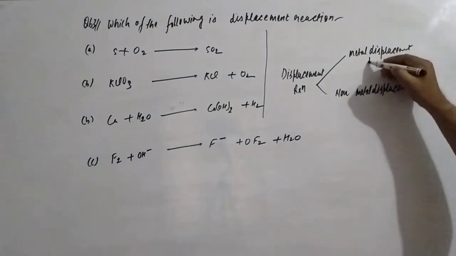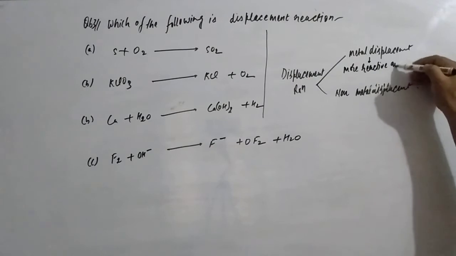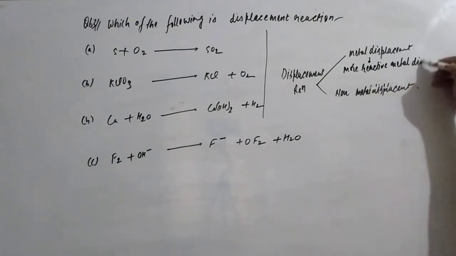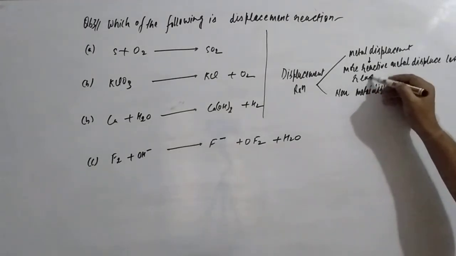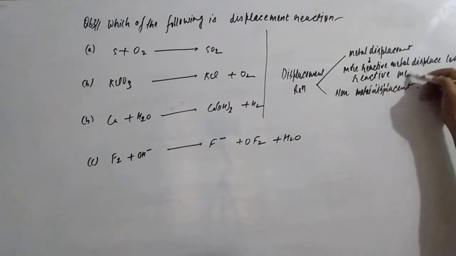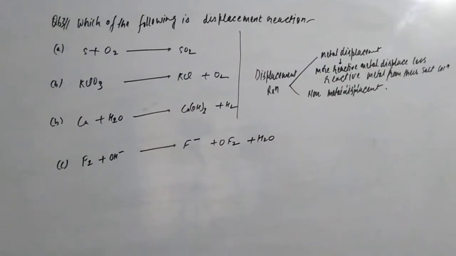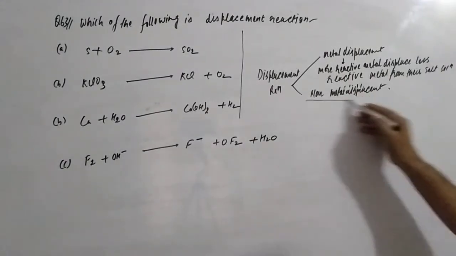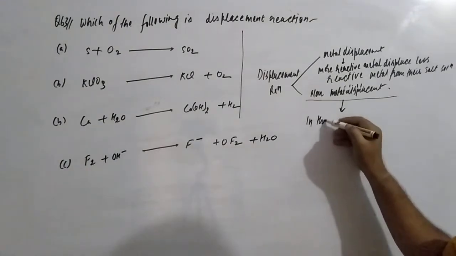So a more reactive metal displaces a less reactive metal from its salt solution. Metal displacement is quite easy. But when you are going for the non-metal displacement reaction, student, what is happening in this type of displacement?